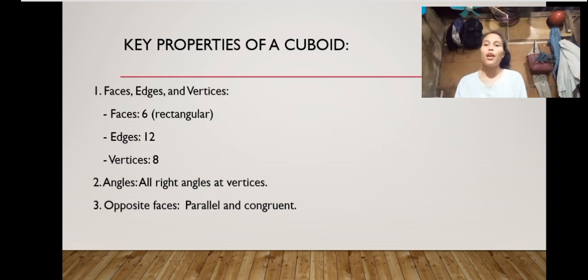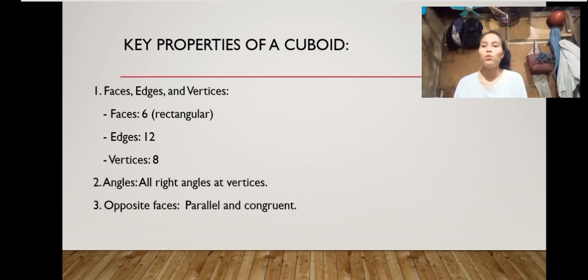Here are the key properties of a cuboid. Number 1: faces, edges, and vertices. It has 6 rectangular faces, 12 edges, and 8 vertices.